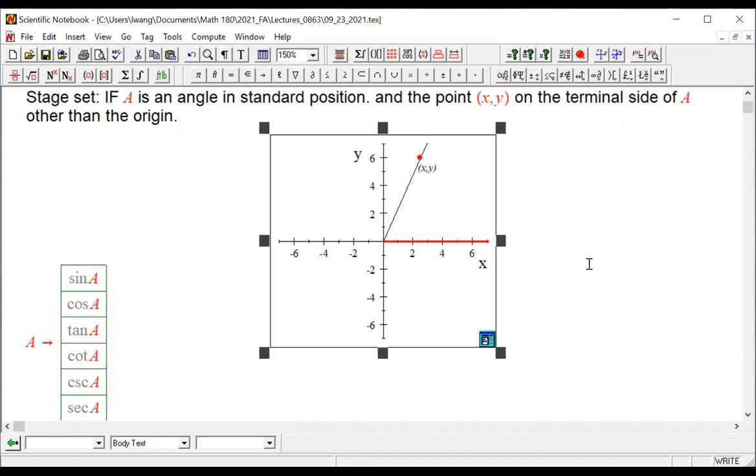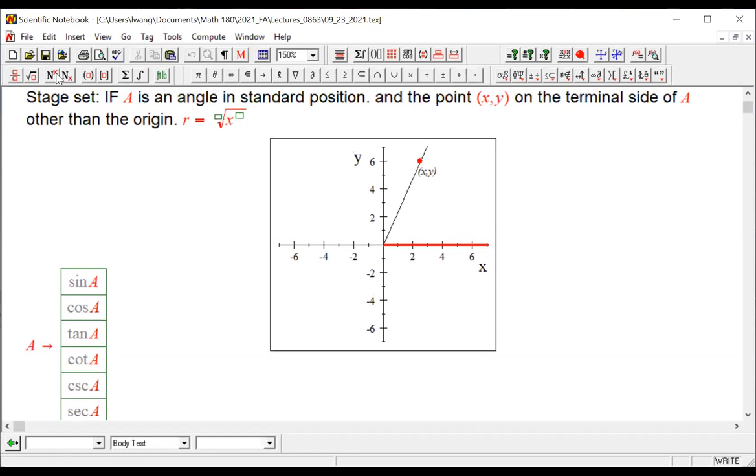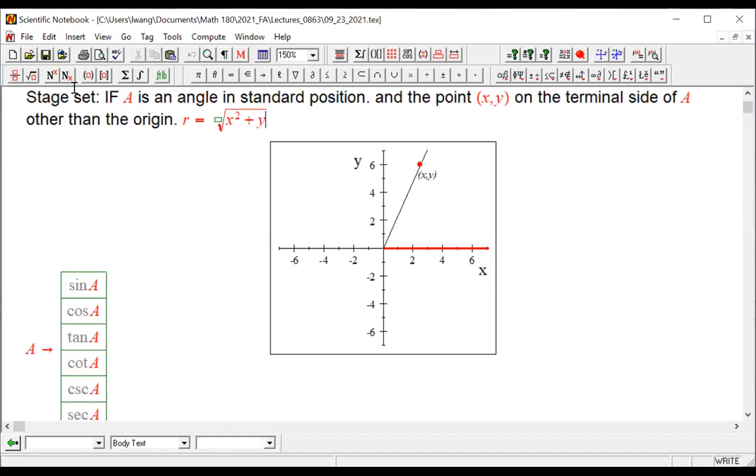All of this is part of the bridge. And on top of that, another symbol is introduced. It's called r equals the square root of x squared plus y squared. What is that? Well, if we have (x, y), we need to understand what is x and what is y.